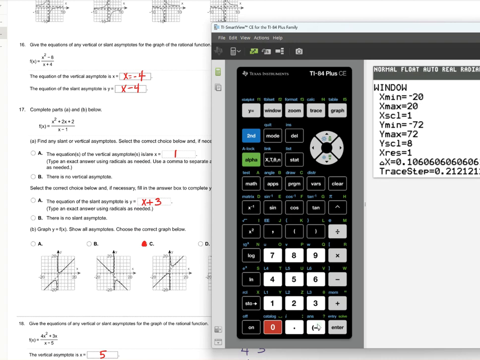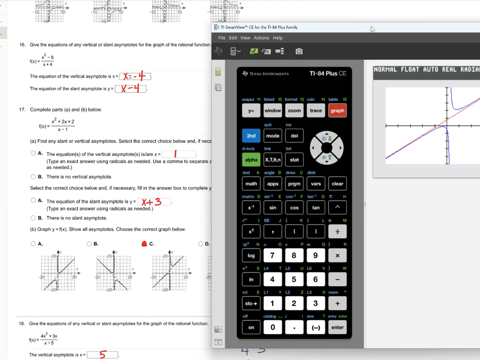Could be by fours. Let's look. I think that looks right. 4, 8, 12, 16. Yes, they're by 4. So we'll do 4 there. And then we have negative 20 for the y min and 20 there. And we're still at 4. Okay, let's see what that looks like.